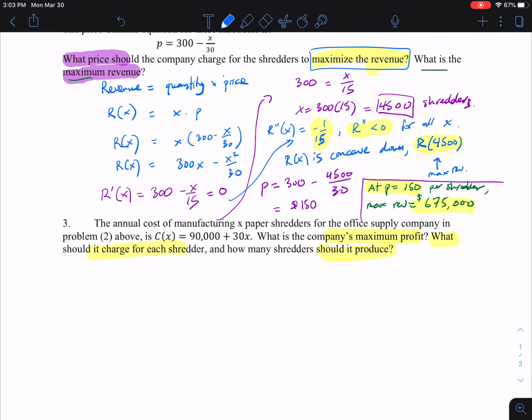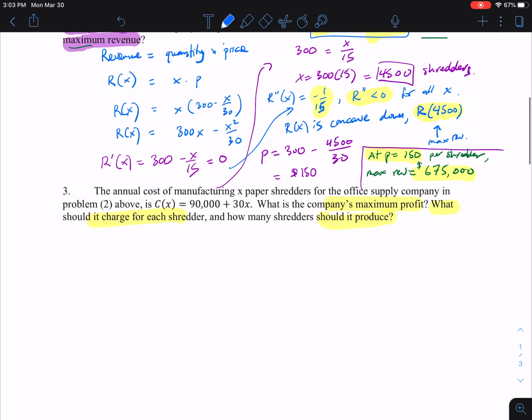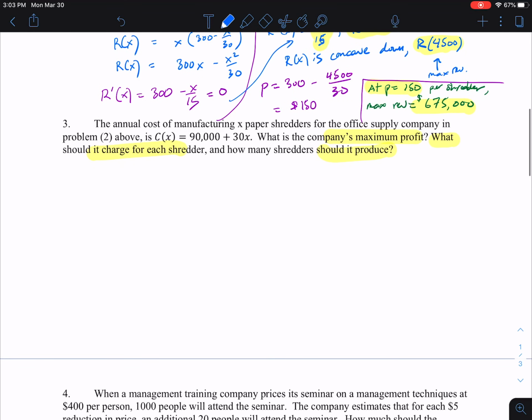So the function we're looking at is a profit function, and we have to construct that. We do know that profit in general is equal to the revenue minus the cost function. So that is P of x. Now we can define a profit function based on x.